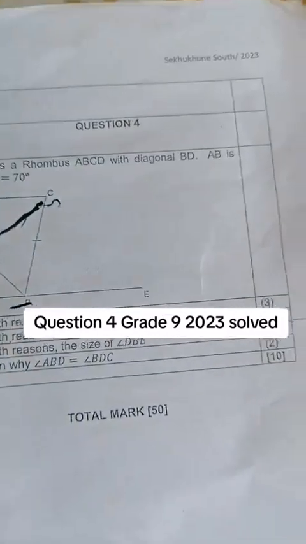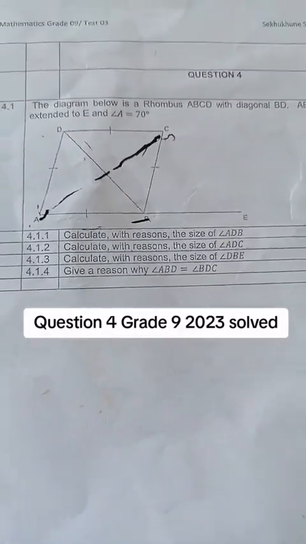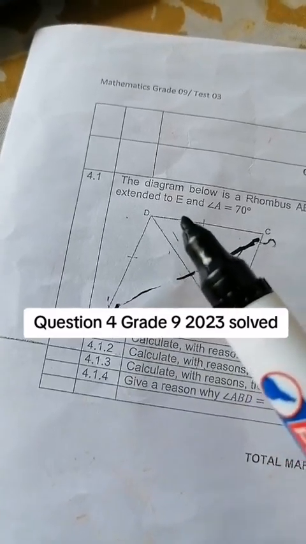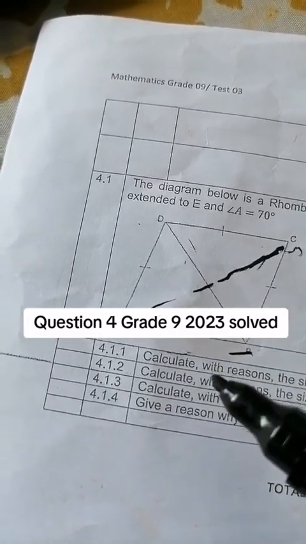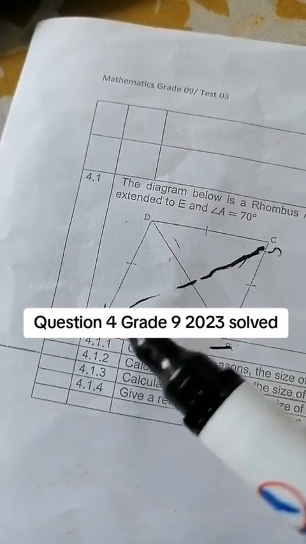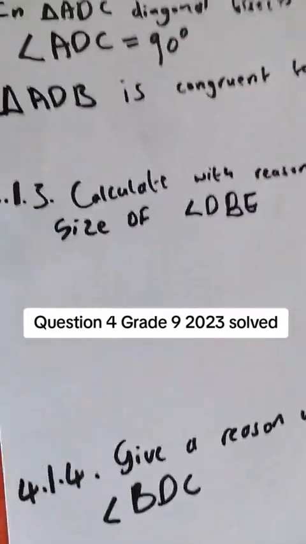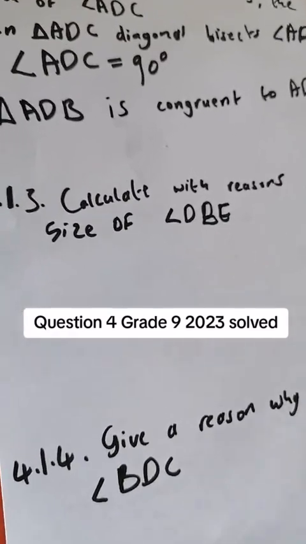Let's go back to our drawing so that you can see what I'm speaking about. So we're saying that triangle ADB is congruent to triangle ADC. By congruent, we just mean that it has the same shape and same size.